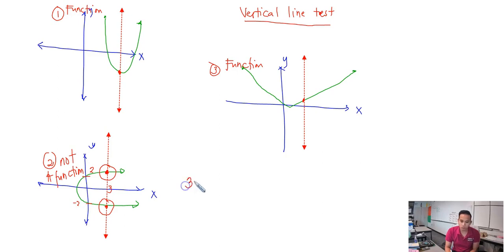Take note that your 3, which is the x, was partnered twice to your y, which is 2 and negative 2, which is not supposed to be. To consider a given graph or a given relation as a function, your x must be partnered only once. So that is the overall reason why the vertical line test is one way to check if the relation is a function or not.